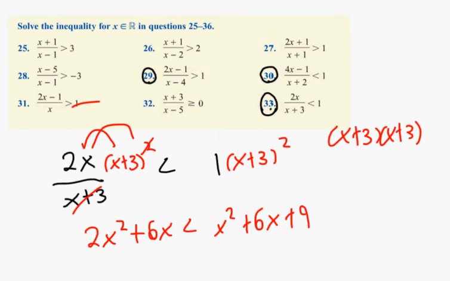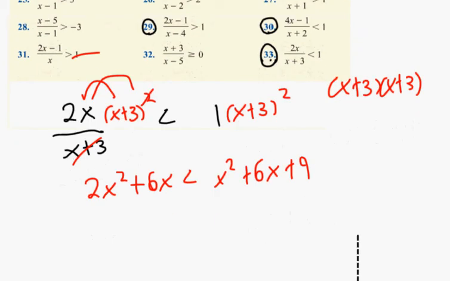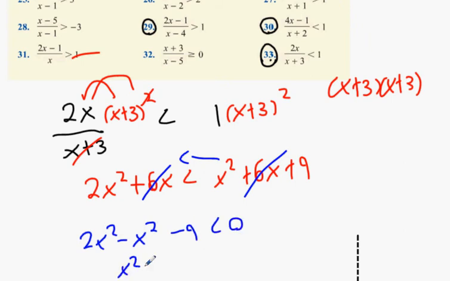Somebody mentioned that earlier, that this one's going to be the difference of two squares, isn't it? The 6x's cancel. 2x squared minus x squared minus 9 is x squared minus 9 less than 0.